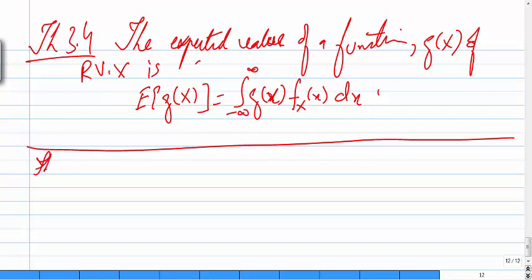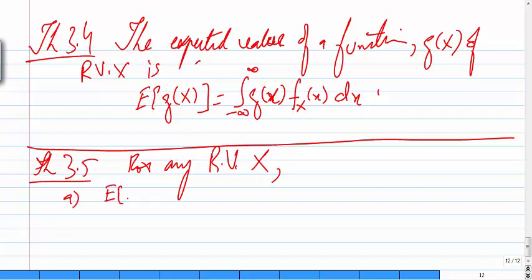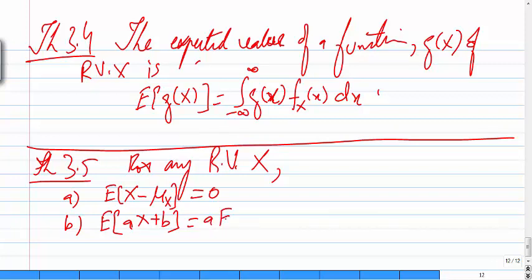Now Theorem 3.5. For any random variable X, this also follows in the continuous case: the expected value of X minus mu_X is equal to 0. Similarly, the expected value of aX plus b shows that linearity holds, same as in the discrete case. The last one is the variance of aX plus b.